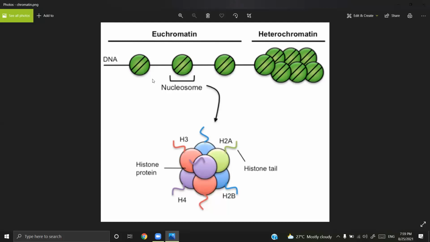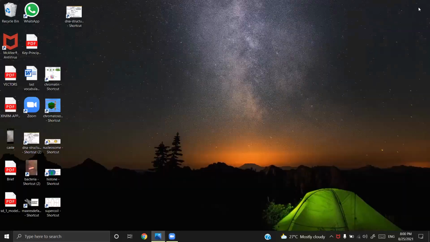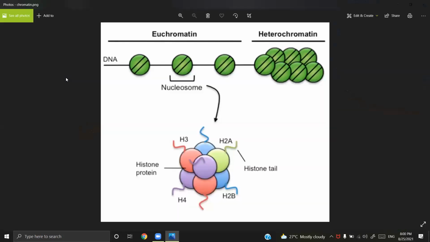Now coming on to the DNA structure, you can see that the DNA is having the nucleosome. The nucleosome that you can see is euchromatin because they are loosely packed, right?